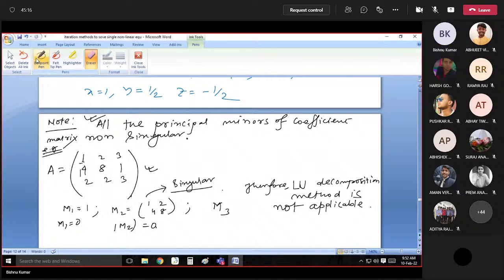But in the elimination methods we have to check the remaining equations too. In the second equation, the second variable coefficient should not be 0. In the third equation, the third variable coefficient should not be 0. Here, all the principal minors must have non-zero determinant values. That means all the principal minors of the coefficient matrix must be non-singular.